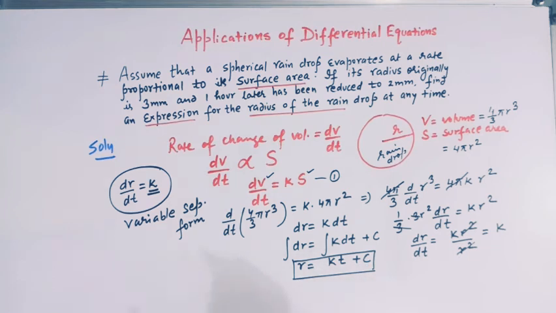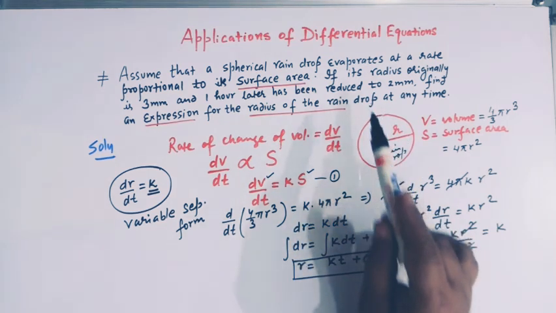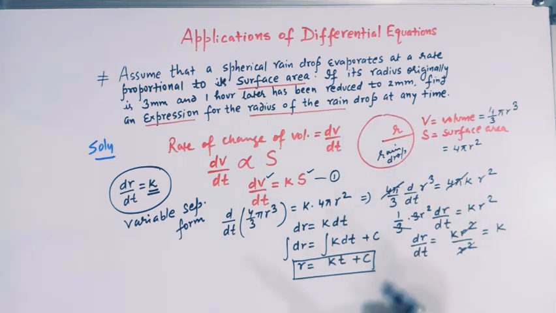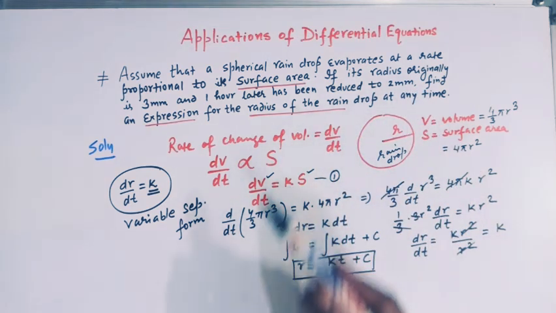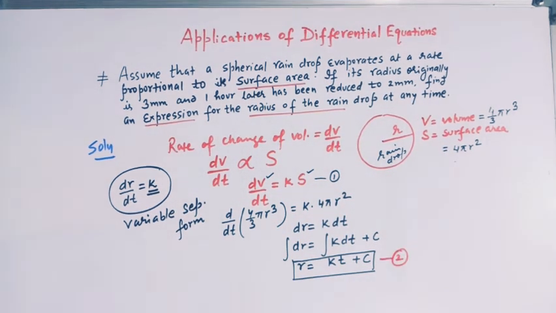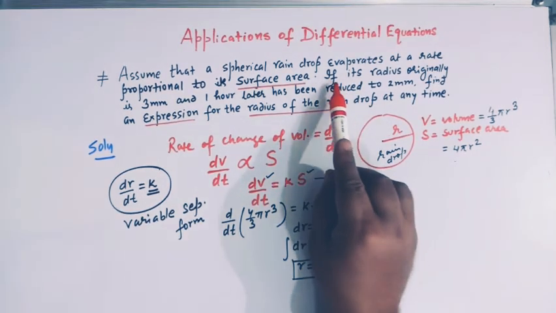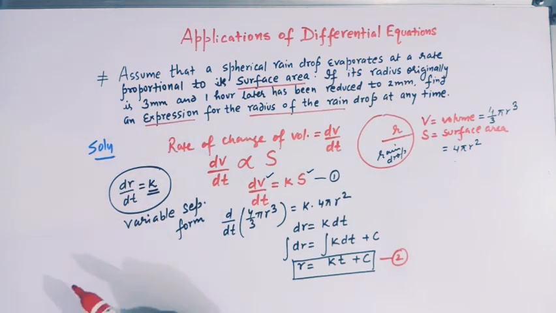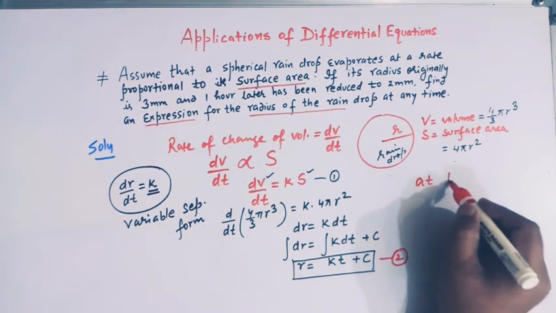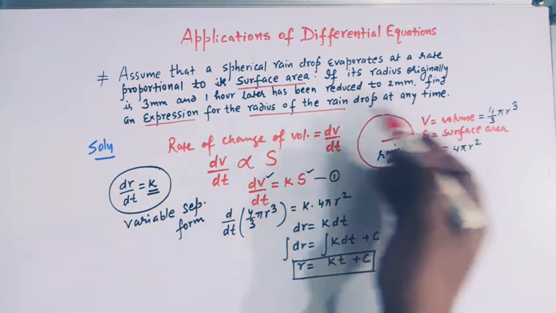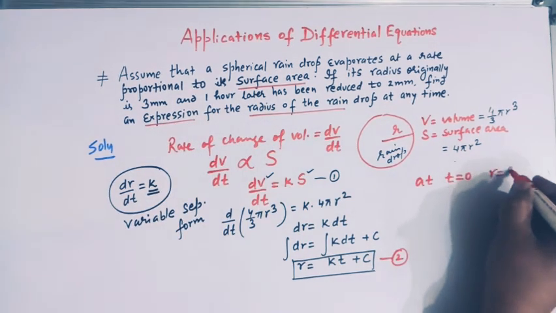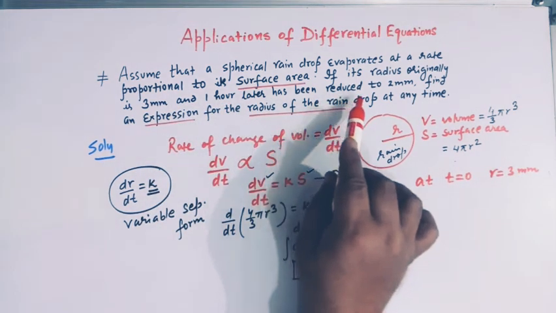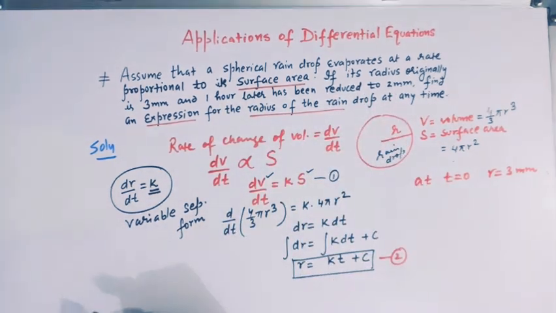Now we are given some conditions here, and we can find the values of k and c by using these conditions. We are given that the radius originally is 3 millimeters. So at t is equal to 0, r is equal to 3 millimeters, and after 1 hour the radius is reduced to 2 millimeters.